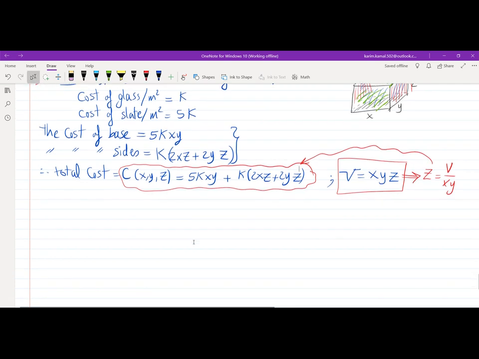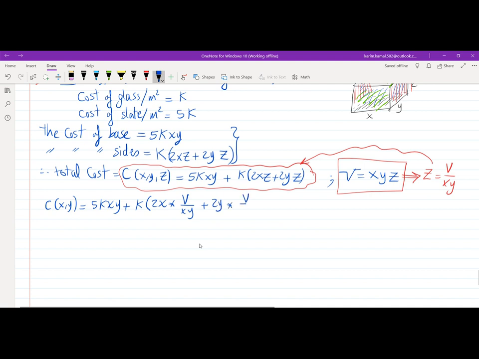So C of x and y will be 5Kxy plus K multiplied by (2x times z, which is V over xy, plus 2 times y times z, which is V over xy).